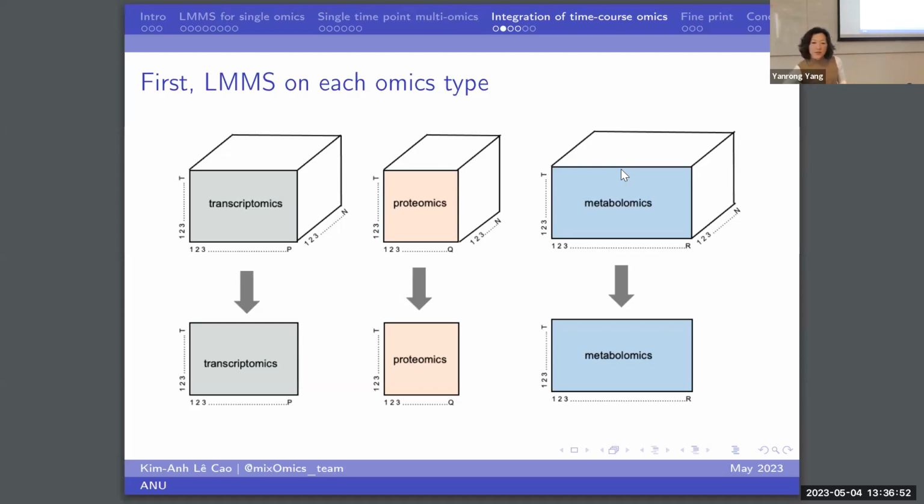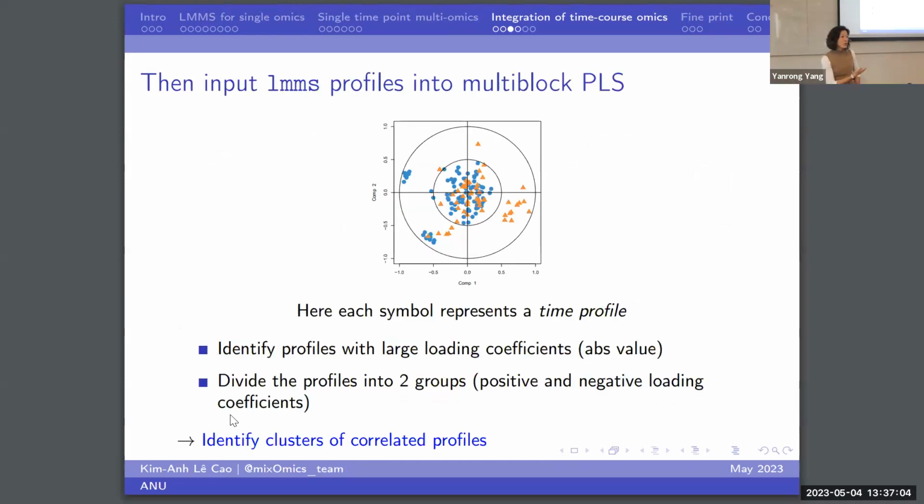So you end up with a data set with a very small number of time points and a large number of variables for each omics. And then you can put them into any integration method I told you about. You can do the PCA, you can do a PLS, except that this time, each variable is actually a time profile.